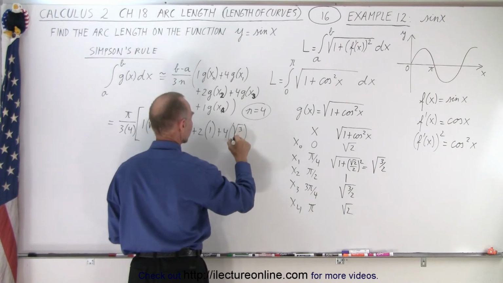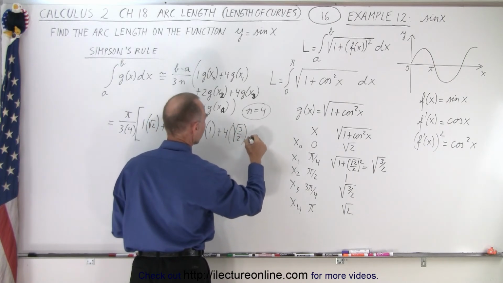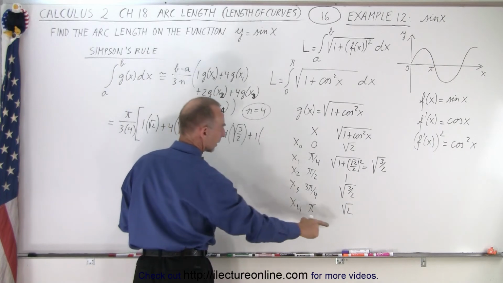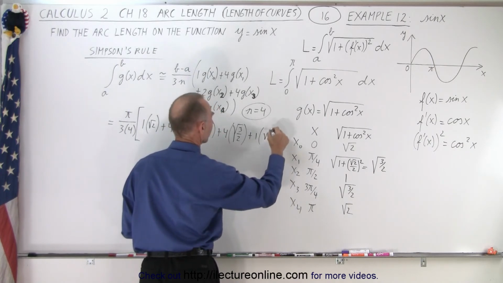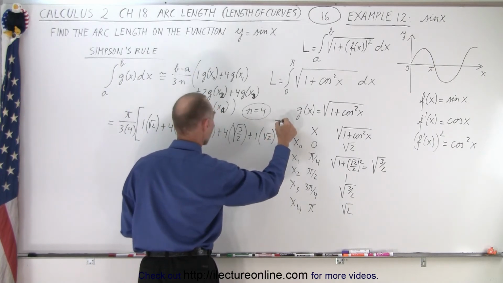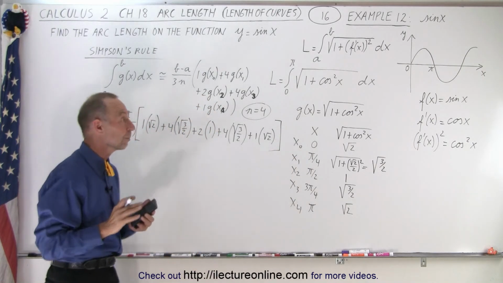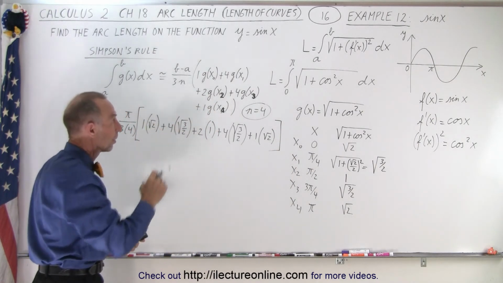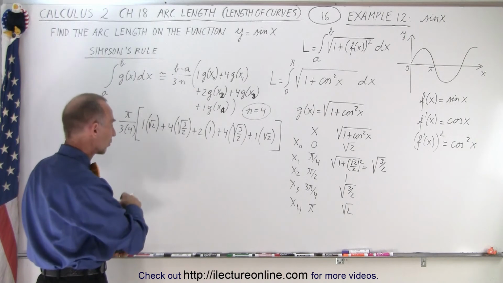Didn't go far enough. There we go. Plus 1 times the endpoint, which is the square root of 2, and a bracket. All right, that should approximate the length of the sine curve from 0 to pi.